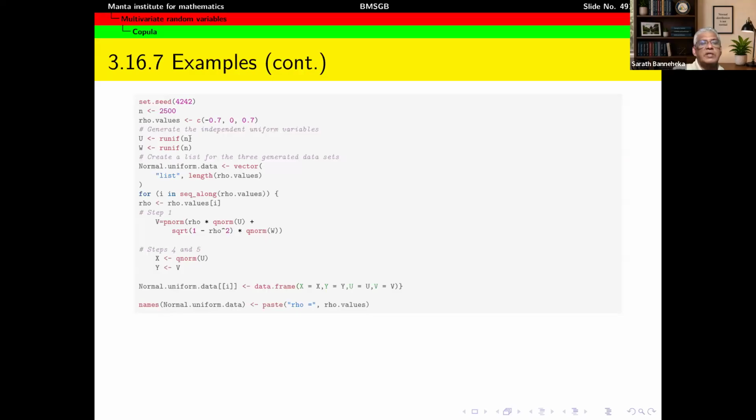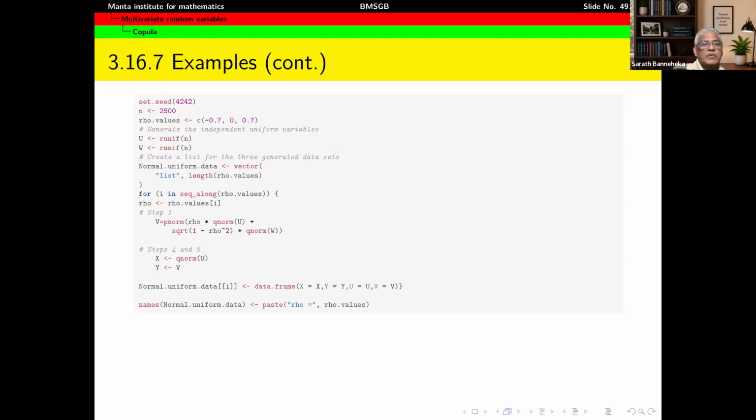So U will contain 2,500 standard uniform random numbers and W will also contain 2,500 standard uniform random numbers.